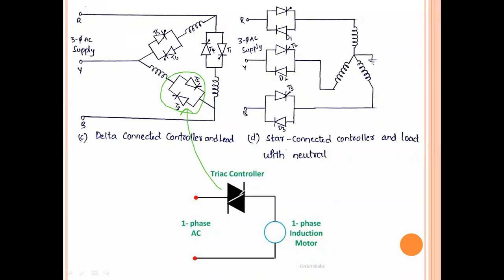The triac will operate for both current directions. So if we want to reduce the number of thyristor switches, then we can simply use a triac. In the place of two thyristors, one triac is enough to perform the same operation.